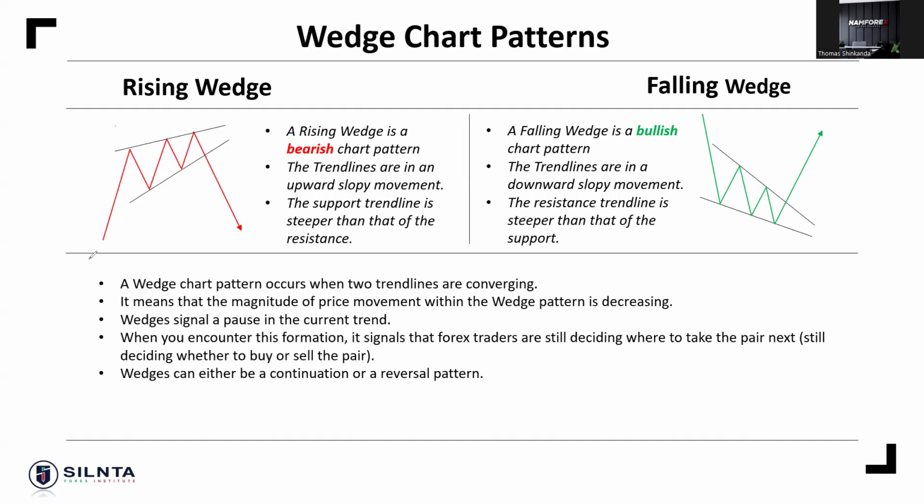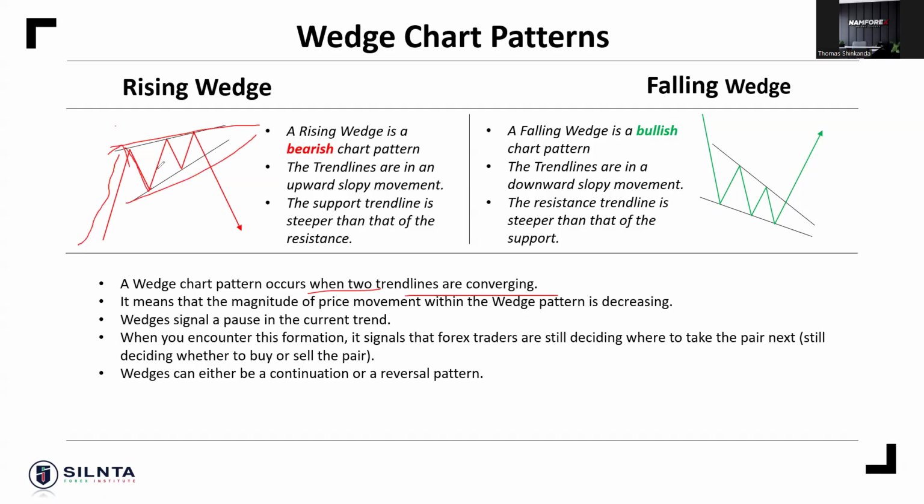Okay, assuming the market was coming from here, it was trending up. A wedge chart pattern occurs when two trend lines are converging. Then from there, you are gonna have a market that is forming like a triangle, but that triangle is converging somewhere there at the top.